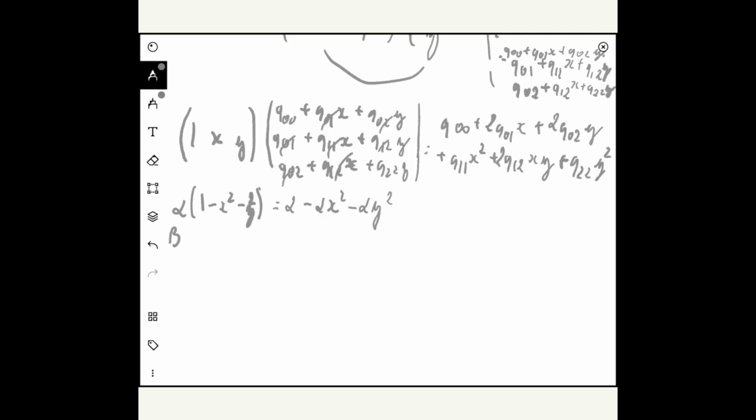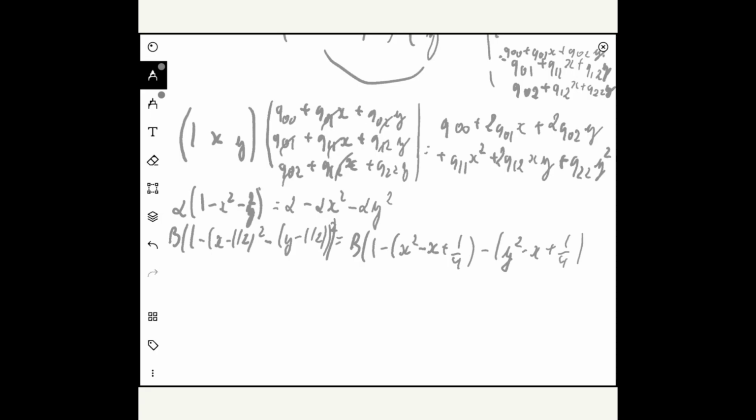And the second one, which is beta, was 1 minus (x minus 1/2) squared minus (y minus 1/2) squared, so beta of 1 minus x squared minus x plus 1/4 minus y squared minus y plus 1/4, which is just beta of 1/2 minus x squared minus y squared plus x plus y.